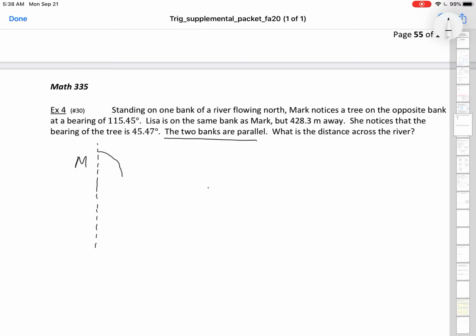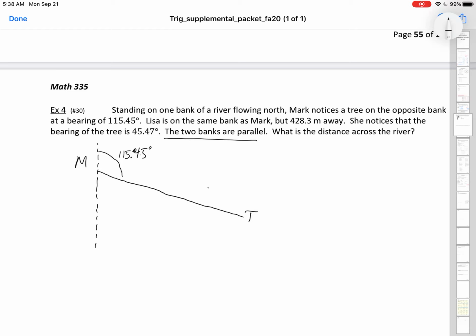So I'll just put 115.45 degrees. Good, no degrees, minutes, seconds. And so that's the bearing, and he notices a tree right over here on the opposite bank.